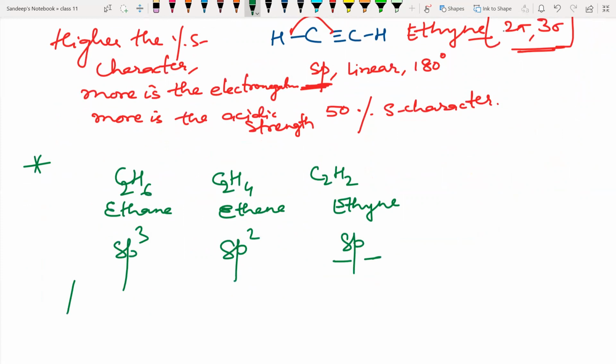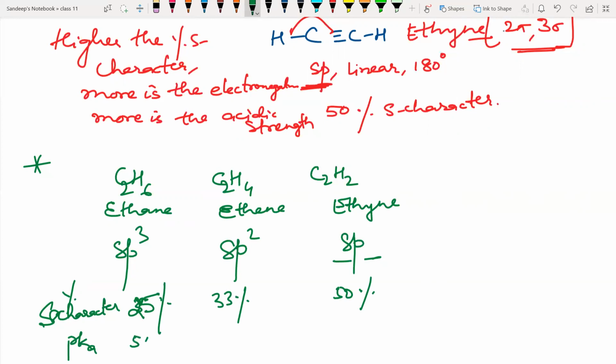So the percentage s character is 25% in alkanes, almost 33% in alkenes, and 50% in alkynes. If you see the pKa value, it is like 50 for alkane, 44 for alkene, and 25 for alkynes.